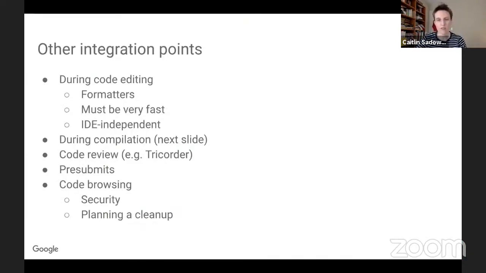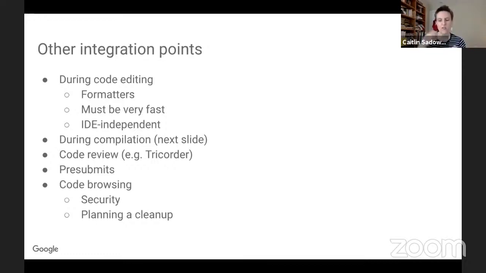Okay, so Tricorder is a big thing that I worked on at Google, but there's also other integration points for static analysis. So, for example, during code editing, that's also a nice point where people are in a change mindset, in that they are actively working on a change.